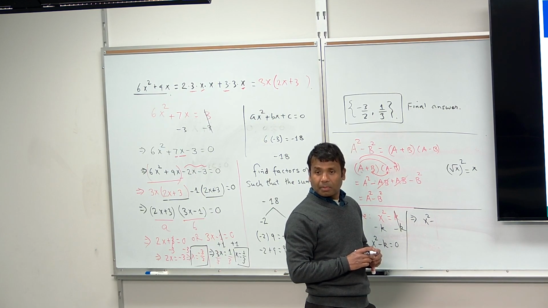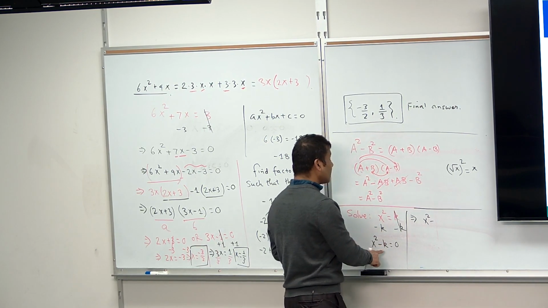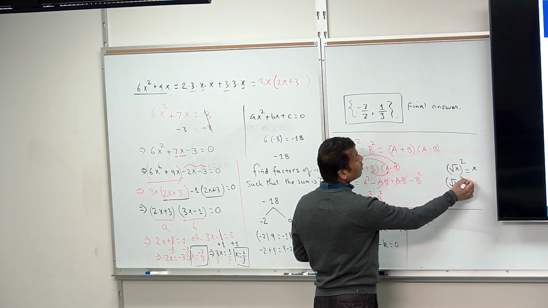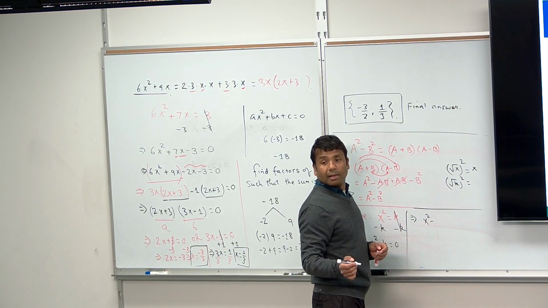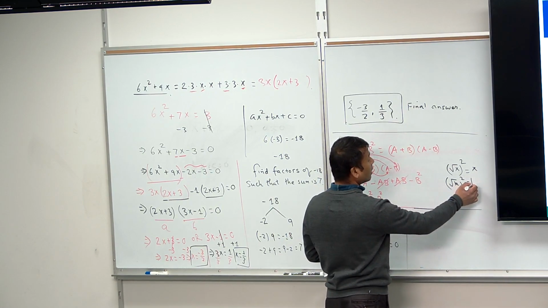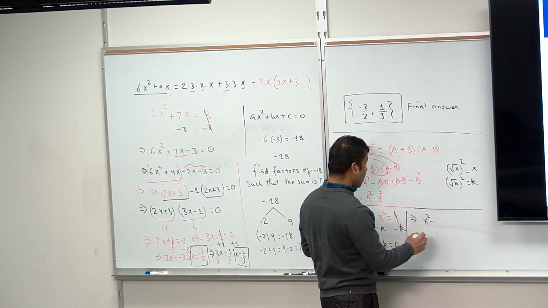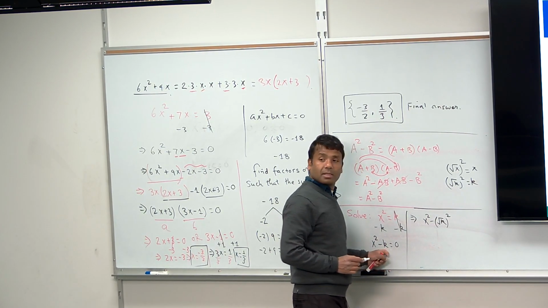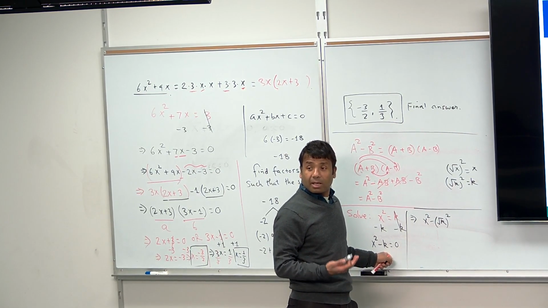Yes? So now this k is the same as if you have radical k squared, this is what? k. So you see this k is radical k squared. So I can replace this k by radical k squared because radical k squared is what? k.